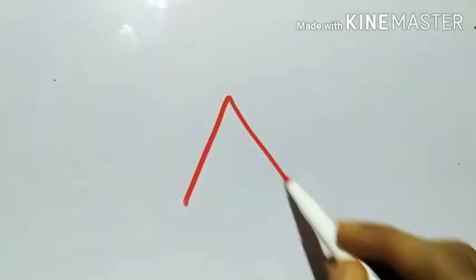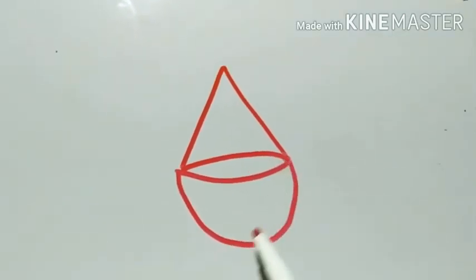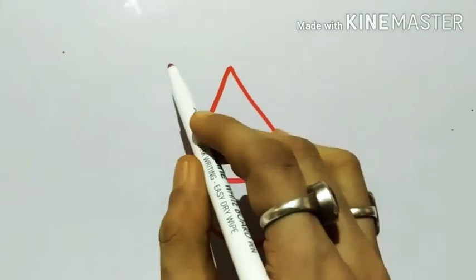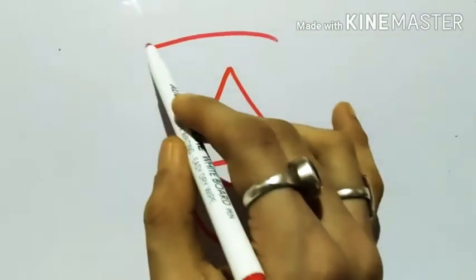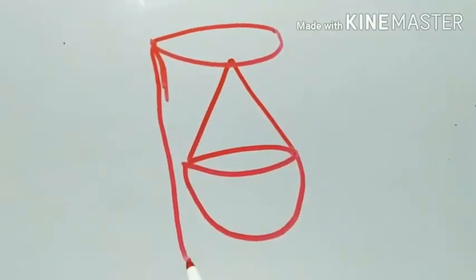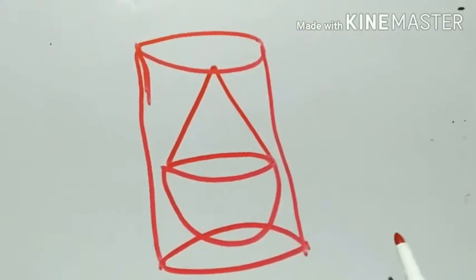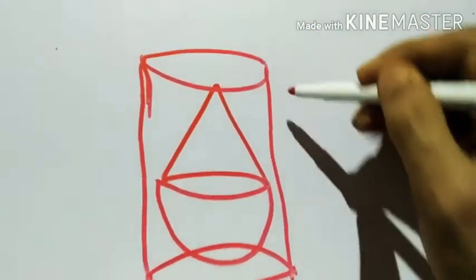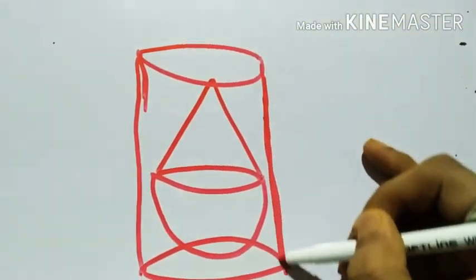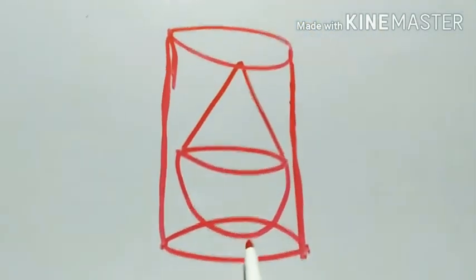So in here, first of all, one cone is there which is placed on top of a hemisphere, and this whole thing is put inside a cylinder, such that it touches the bottom.